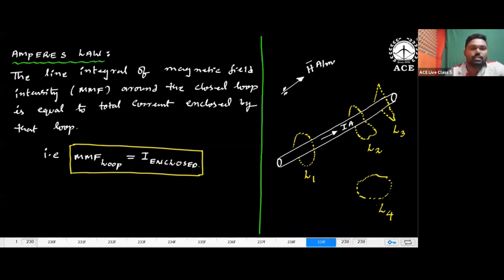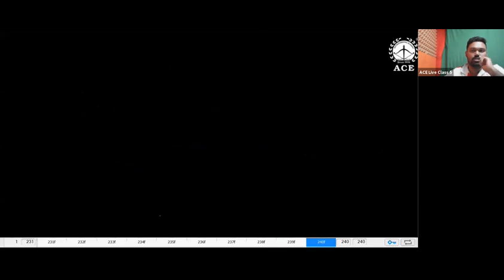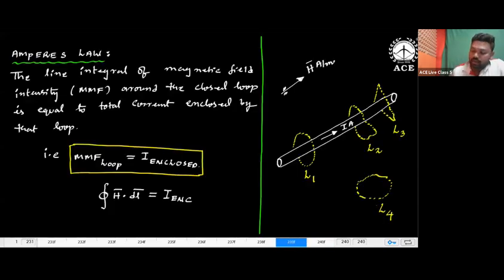Okay, so what is this Ampere's law? The line integral of magnetic field intensity around the closed loop is equal to total current enclosed by that loop. That means closed line integral of H dot dL is equal to I enclosed. Clear, beta? Yes. Now let me turn the page here. So what is the MMF in the loop 1 according to the law?